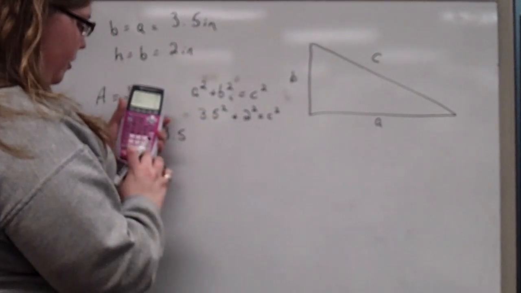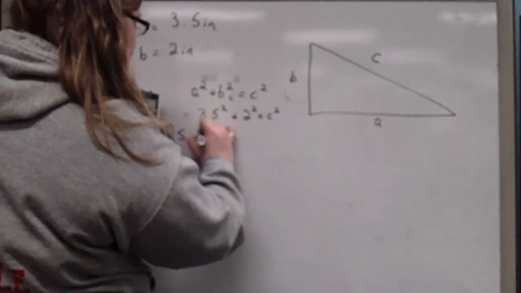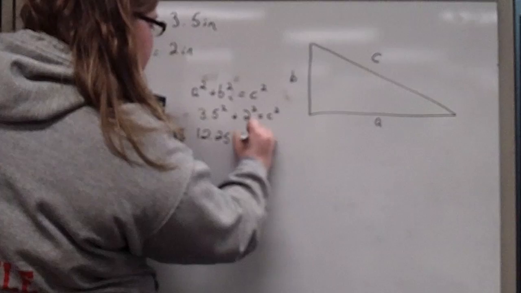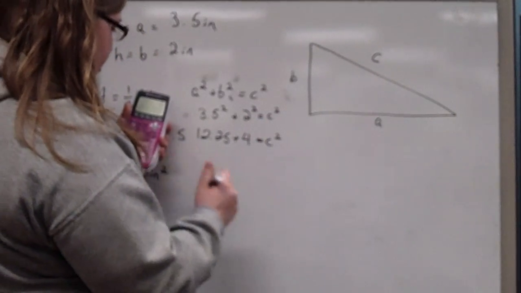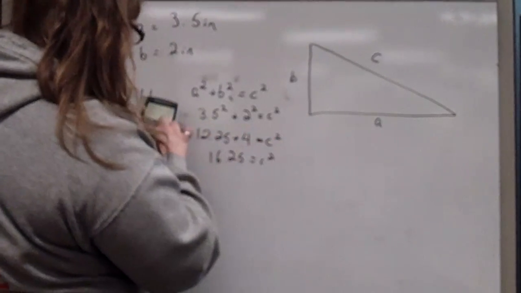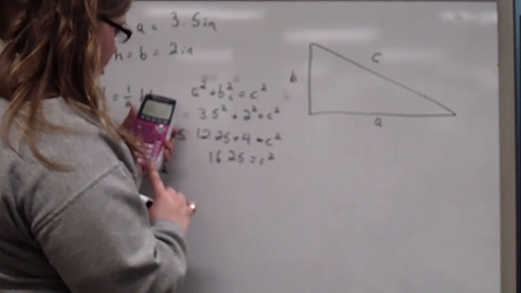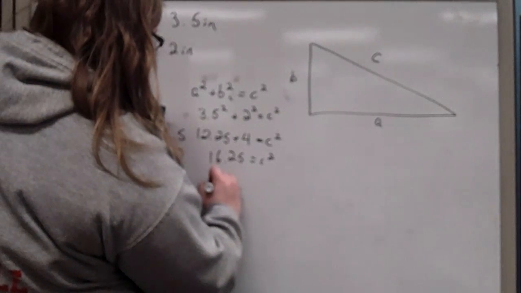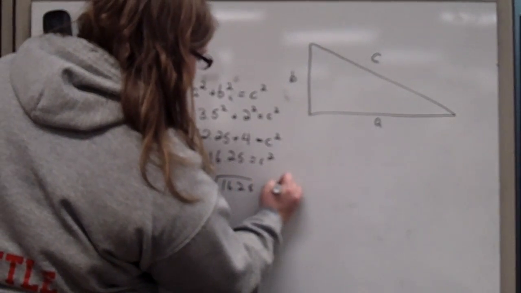I can do these in my calculator. 3.5 squared is 12.25 plus 4 equals C squared. So C squared is 16.25. I can take the square root of that, but we could really leave it in simpler terms and just say the square root of 16.25 equals C.